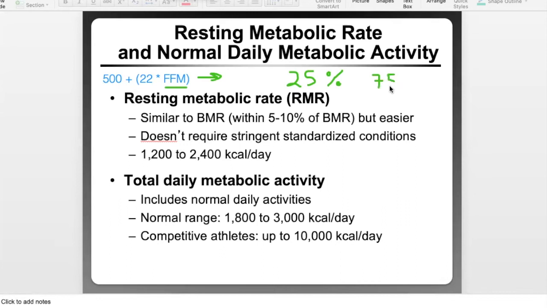My body weight is about 65 kilograms. 65 times 0.75 is about 48.75. Let's go with 49, and then multiply 49 by 22.